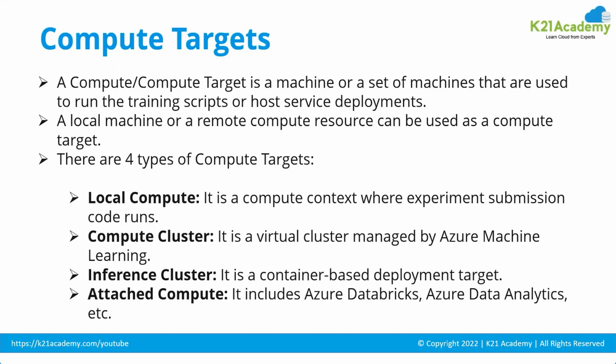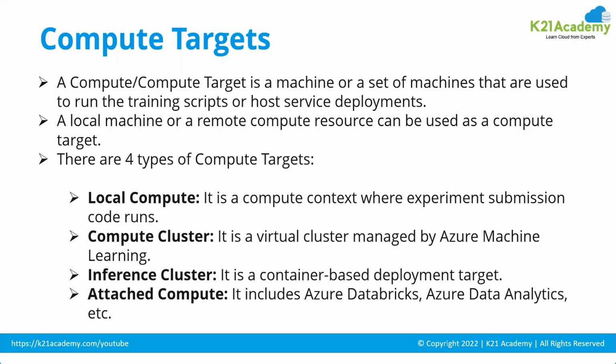Then you have attached compute. So let's say you don't want to provision any compute instance from within this workspace. You already have, let's say, as a company, maybe some cloud resources. You have, let's say, reserved a particular resource for a 1-year period and with certain usage capacity. You already have that available.